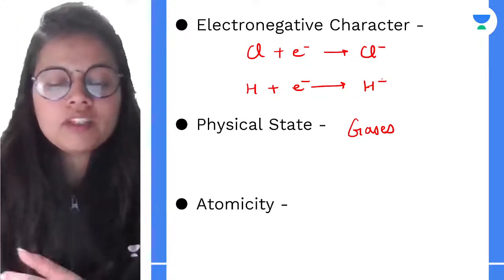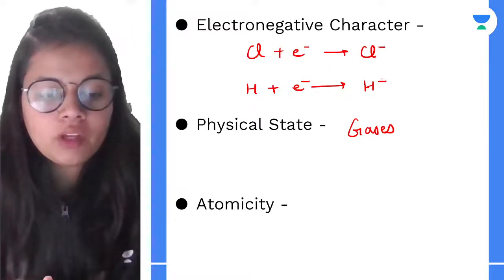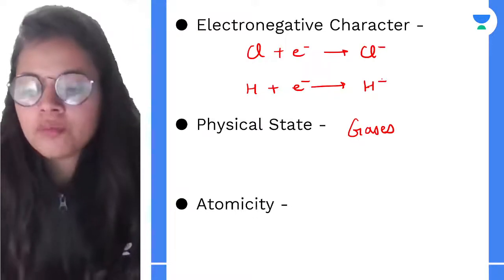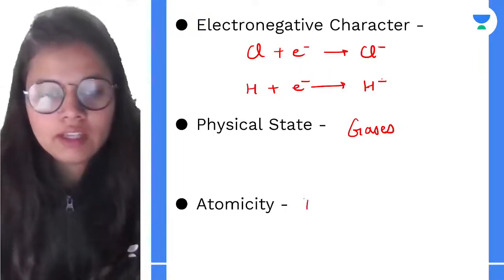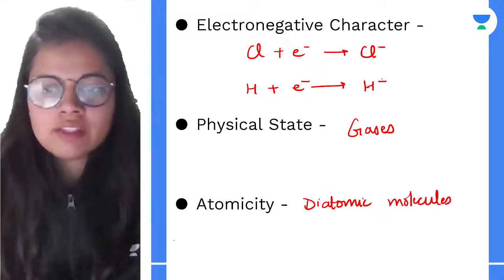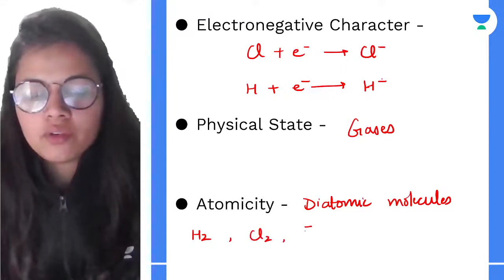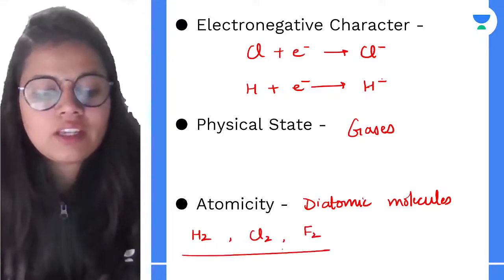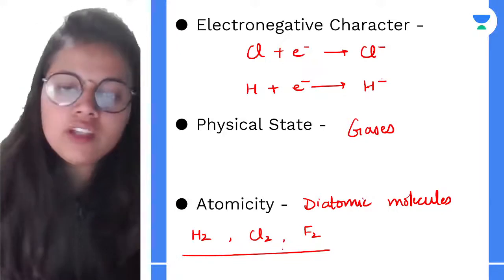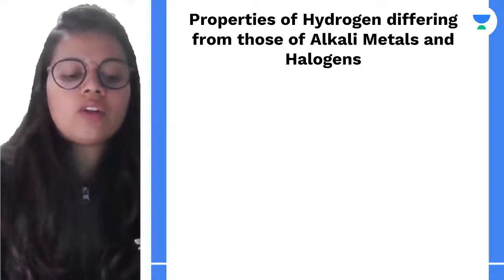Atomicity means how many atoms are present in one molecule. They are present as diatomic molecules. We write hydrogen as H2, chlorine as Cl2, fluorine as F2. So that means in one molecule we have two atoms.